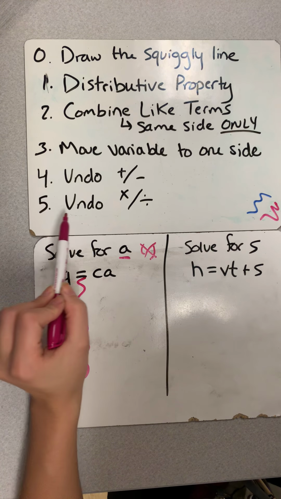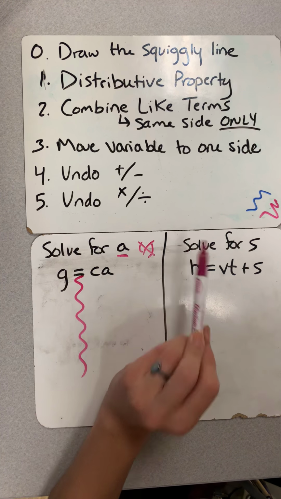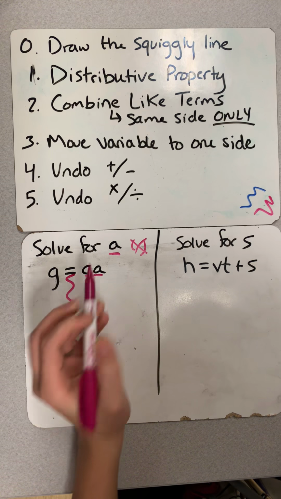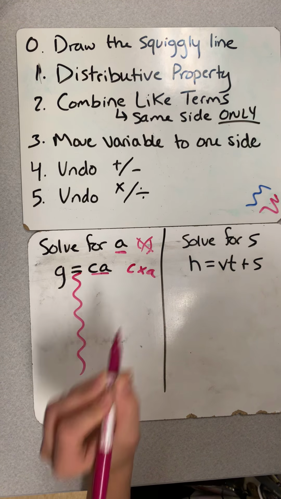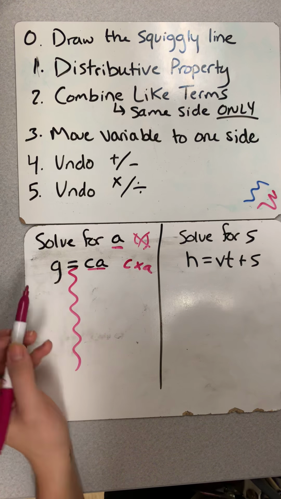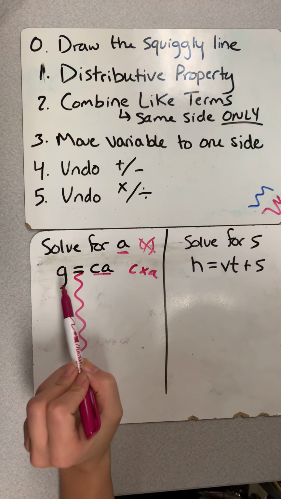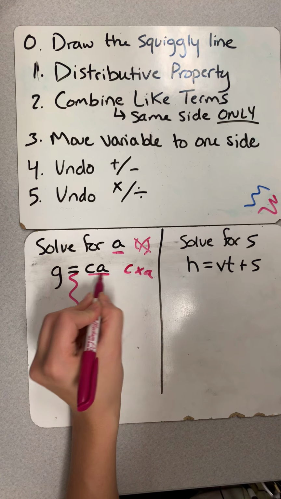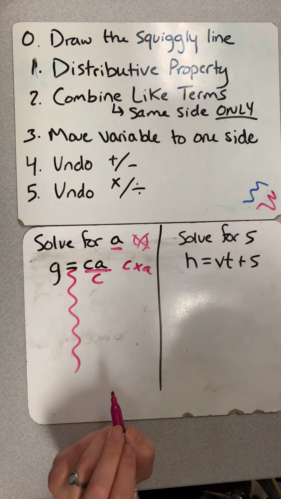My last step is undo multiplication or division. Now it might not look like it, but this CA is actually saying C times A, so that is multiplication. So I'm going to undo that. How I undo it is I do the opposite of multiplication, which is division. So to get A all by itself, I'm going to have to divide by C on this side.